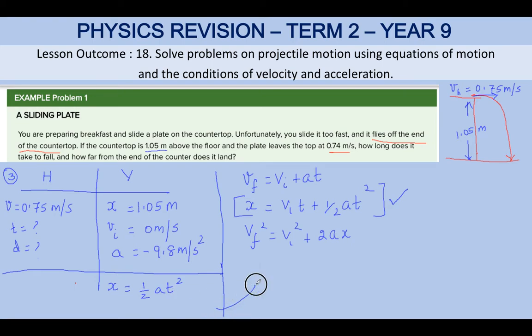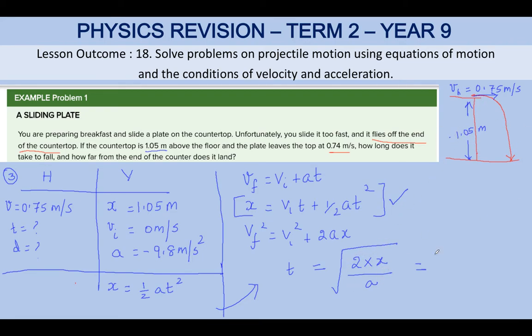When you change the subject of the formula, t would be the square root of 2 times x upon a. So you substitute those values here. Displacement, it's coming down, so you have to take that as negative.